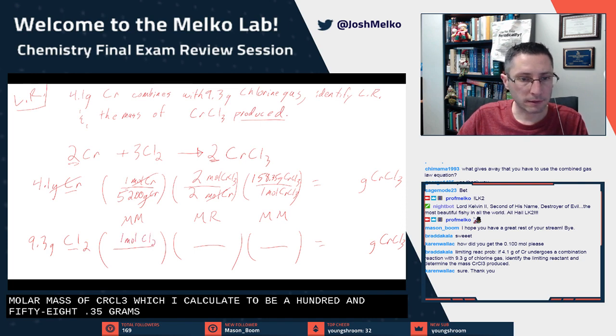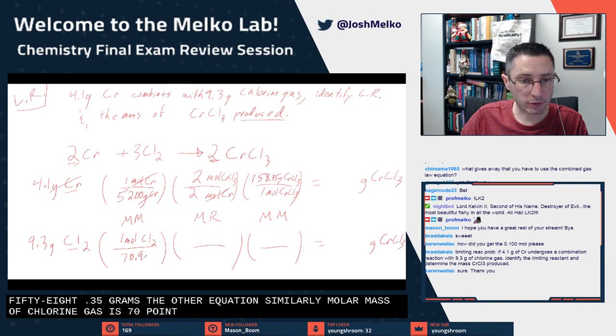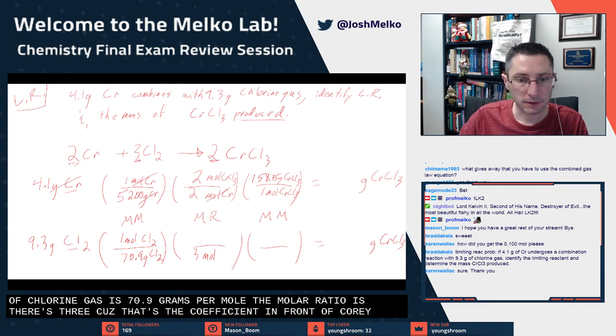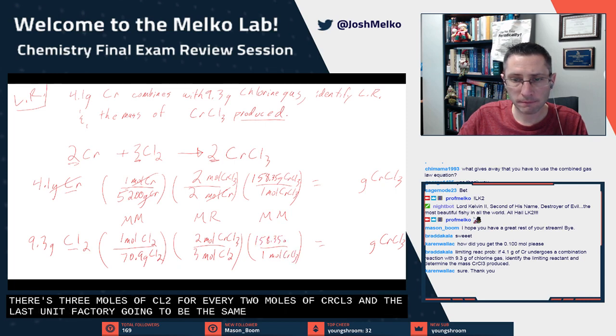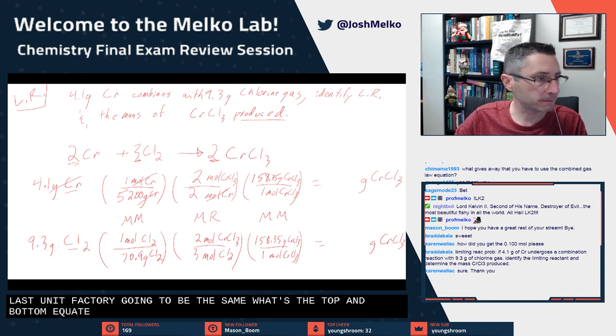And I'm going to set up the other equation similarly. Molar mass of chlorine gas is 70.9 grams per mole. The molar ratio is there's 3, because that's the coefficient in front of chlorine. There's 3 moles of Cl2 for every 2 moles of CrCl3. And the last unit factor is going to be the same, in both the top and bottom equations.